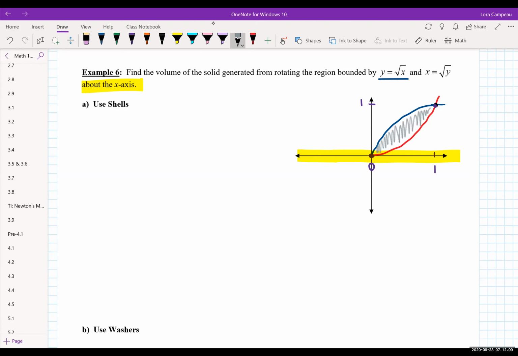That region is being revolved around the x-axis, and the cross section that we would be using, if we use shells, has to be parallel to the axis of rotation. So if you want to draw that, the axis of rotation is x. So my cross section is right here.